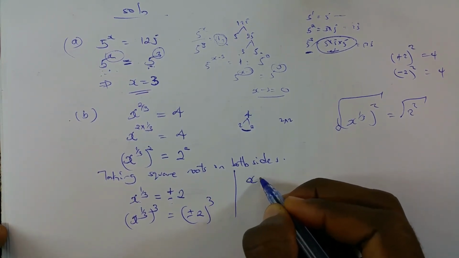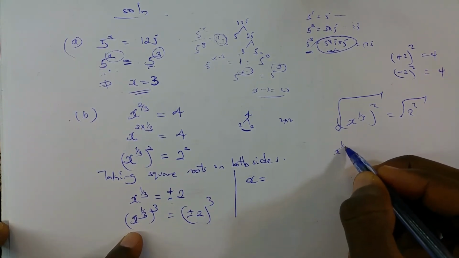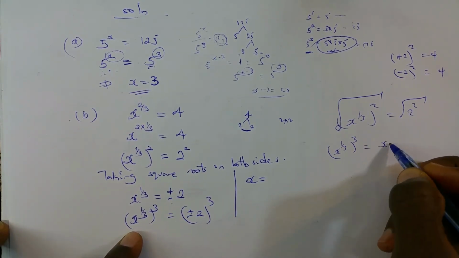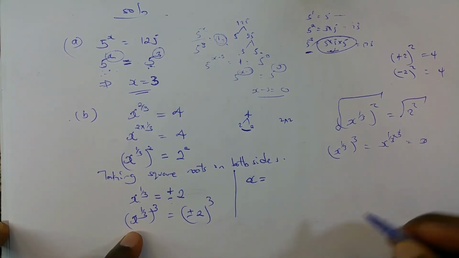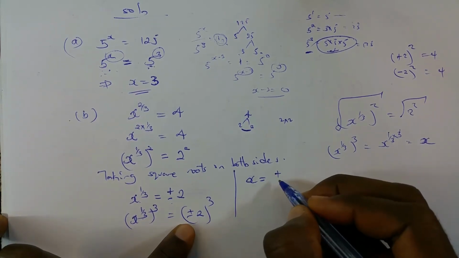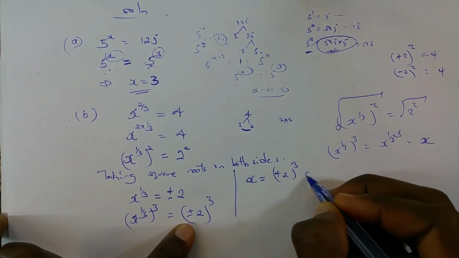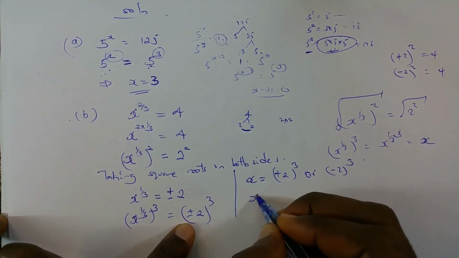The 3 would cancel out, remaining with only x. So we have x this side giving us plus 2 cubed or minus 2 cubed. What would be our result?